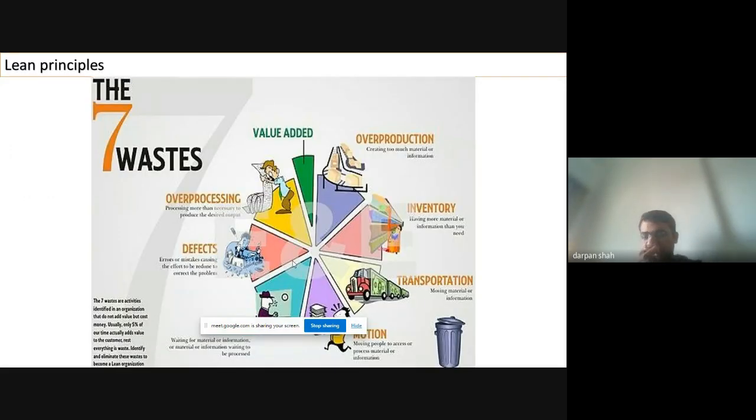So as you can see, if we want to move towards lean, then we must eliminate these 7 wastes in our day-to-day processes, also in the overall manufacturing process, in the overall supply chain process. So over processing of anything should be avoided. Number of handlings causing defects should be avoided.